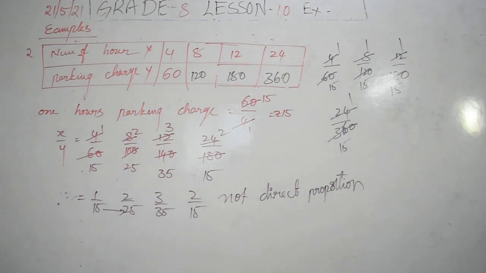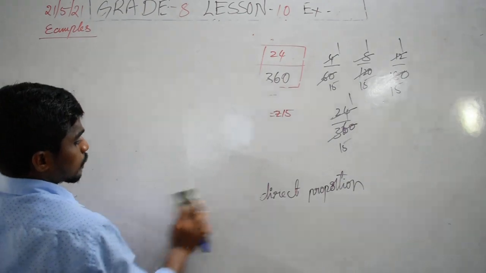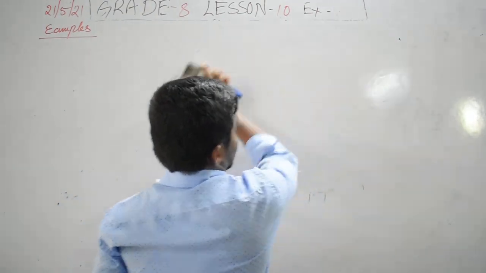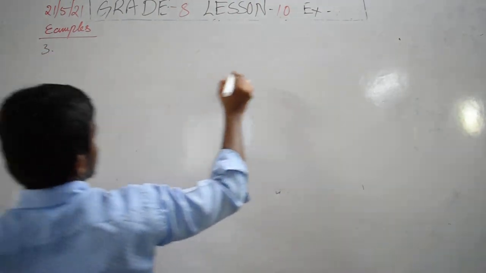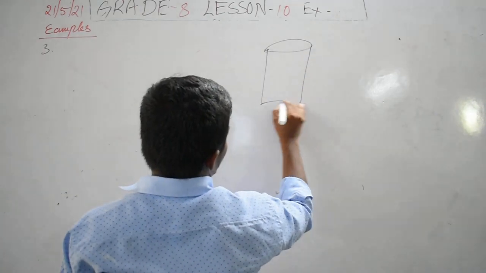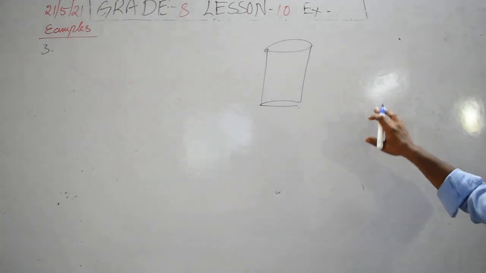If a pipe can fill a tank of capacity 50 liters in 5 hours, then how long will it take to fill 75 liters? Third one. Now this is a water tank filled with water.